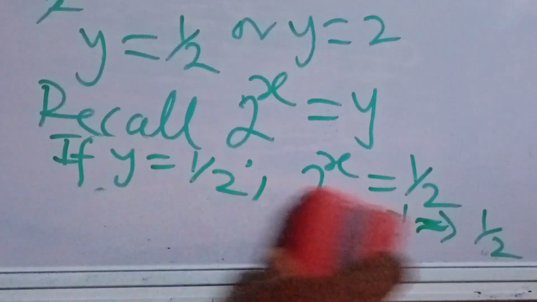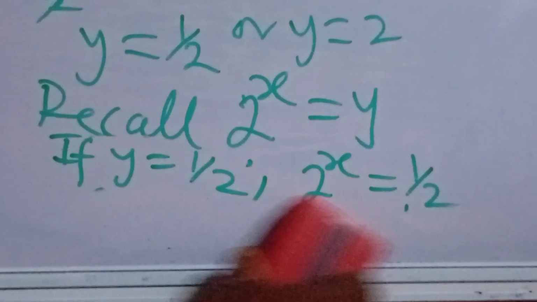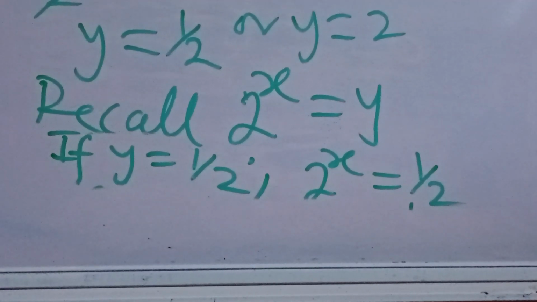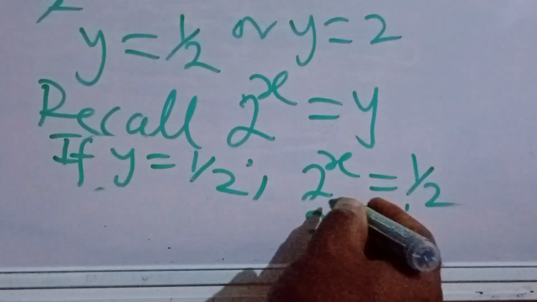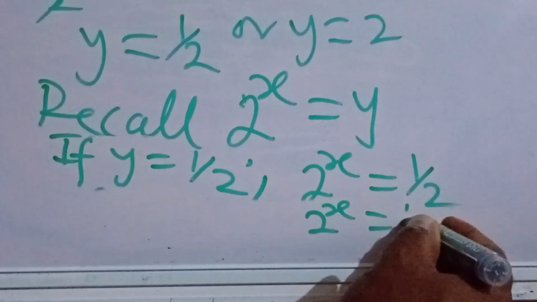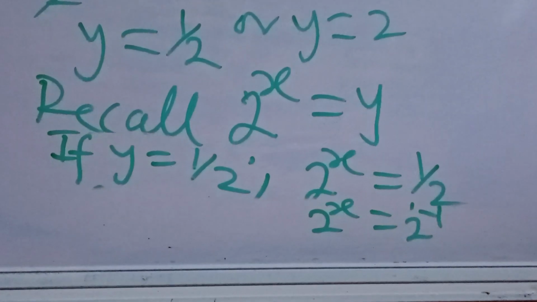Let's clean it. That's 2 raised to the power x equals 2 raised to the power minus 1.